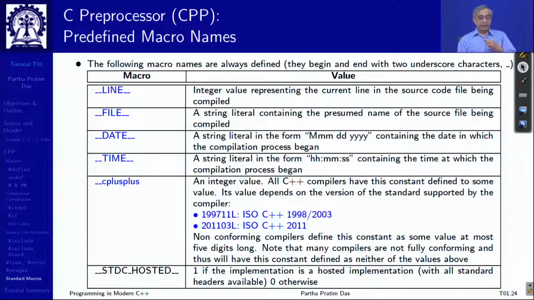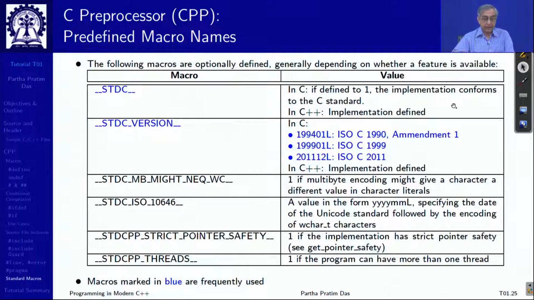One is the current date and the time. And in C++, you also have a underscore underscore C++ macro defined, which tells you the version of the C++ language. Now, these four, line, file, date, time, are very important to give different kind of messages.